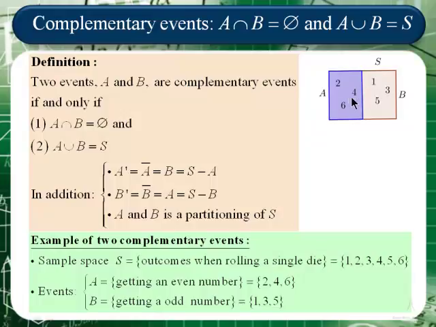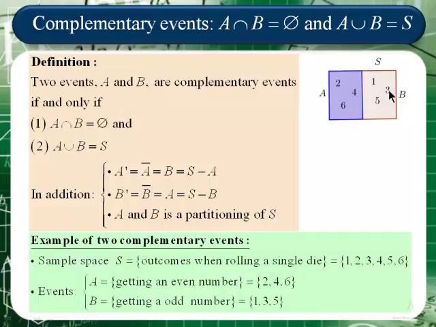Now, if we make a Venn diagram sketch of this, the event A of getting an even number is the event containing the outcomes 2, 4, 6, while the event B of getting an odd number is the event containing the outcomes 1, 3, and 5.